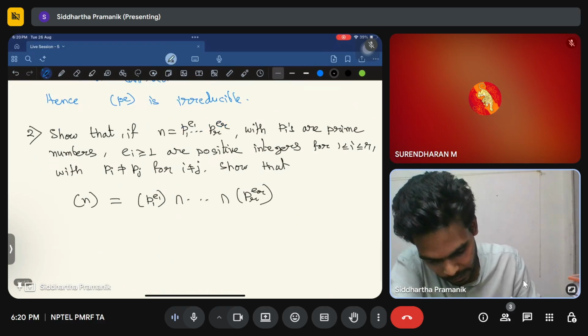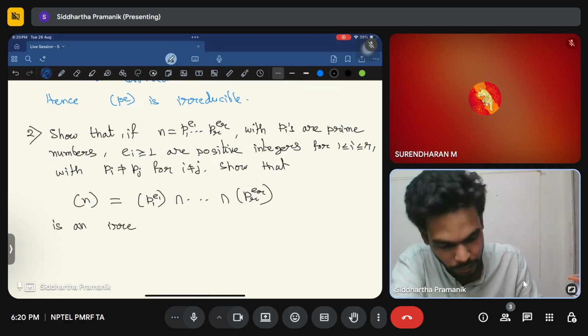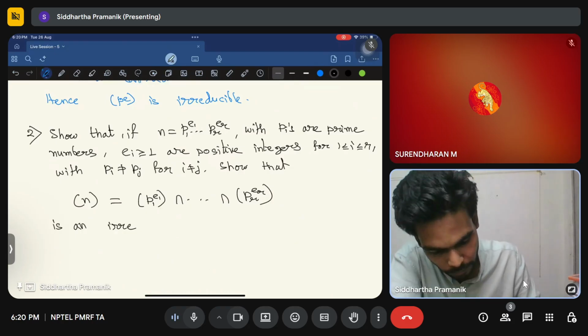So this is actually an irreducible primary decomposition, or minimal primary decomposition.